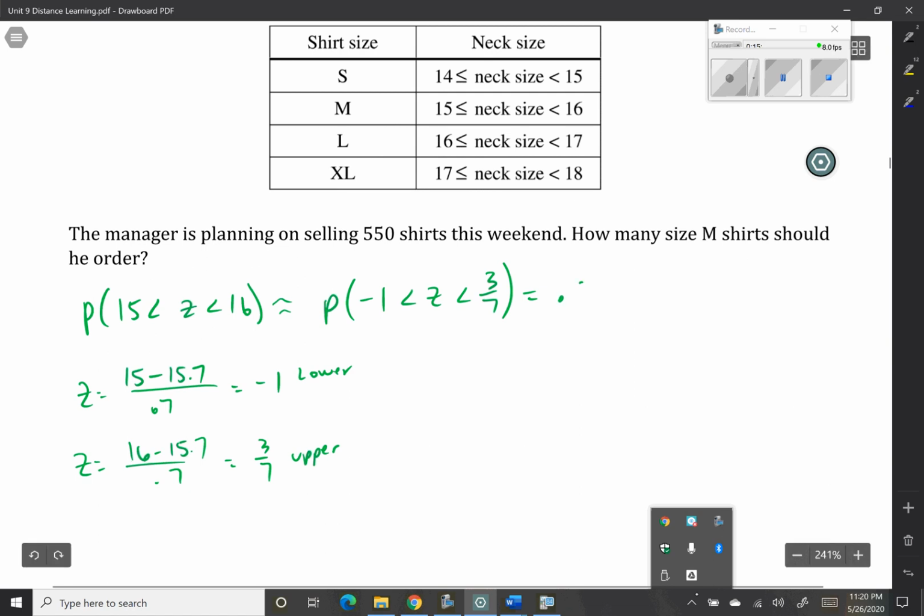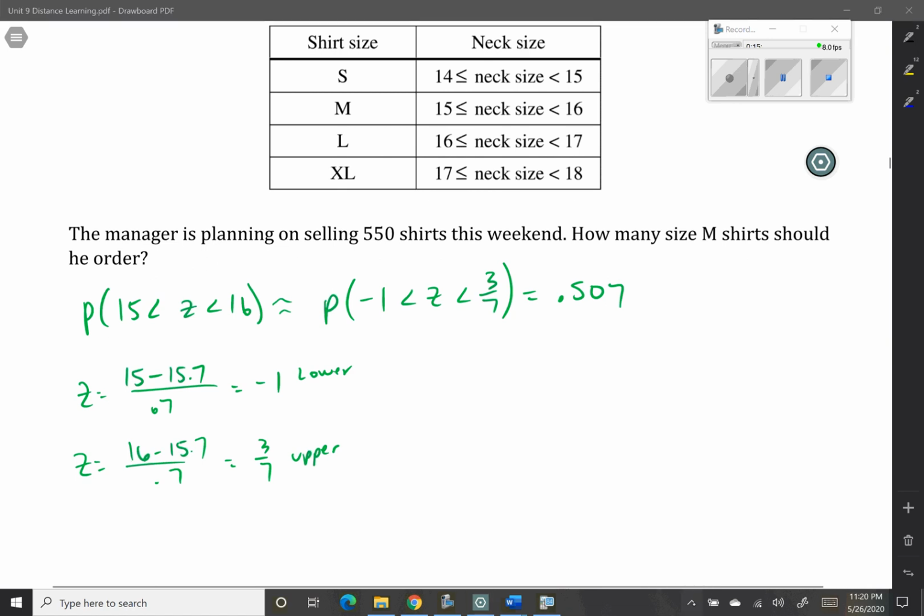I have 0.507. So of the 550 shirts that this manager is going to plan on selling, 50.7% of them are going to be mediums. So if I have 550 shirts and I multiply it by 0.507, I'm going to get an approximate number, 550 times that answer we got before.